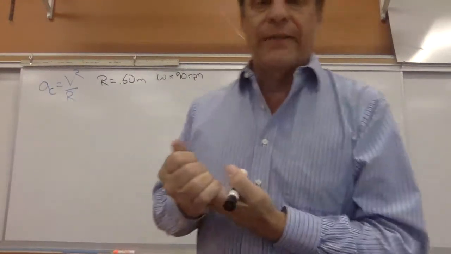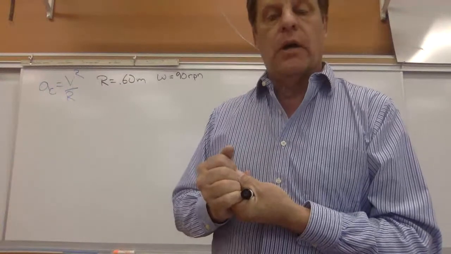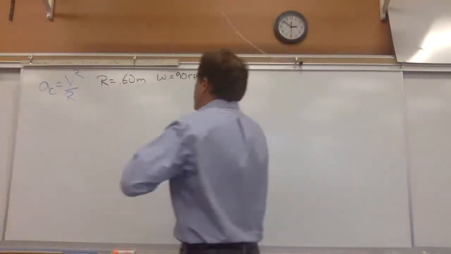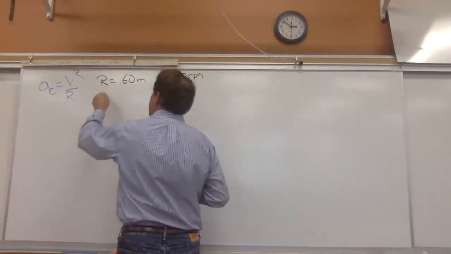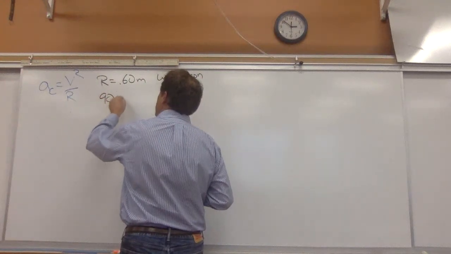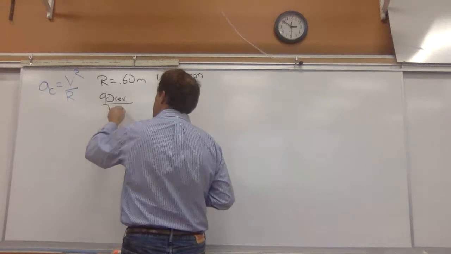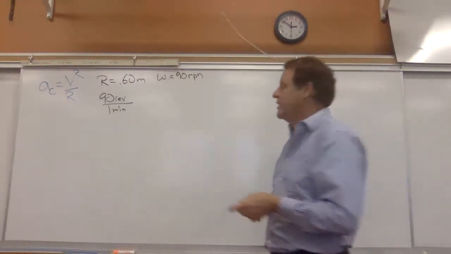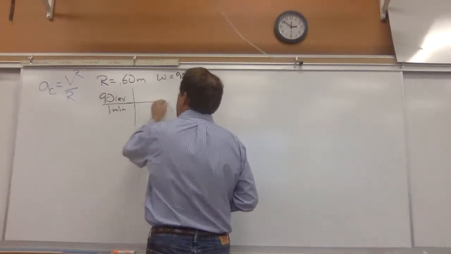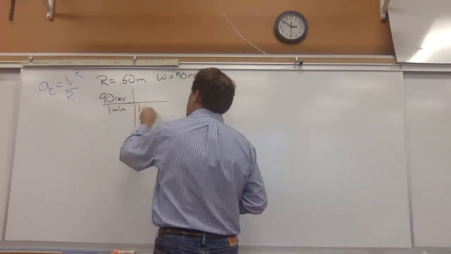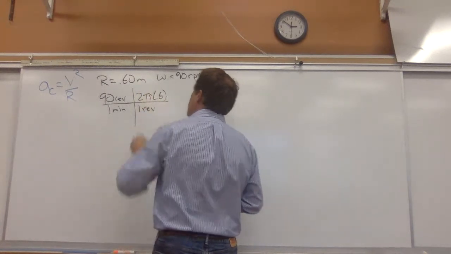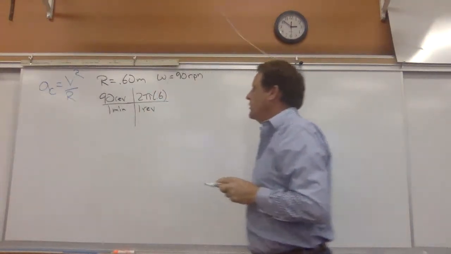So first of all, what is the velocity? And second of all, what is going to be our centripetal acceleration? If we have 90 revolutions in 1 minute, we are going to have a quick dimensional analysis. For every 1 revolution, you're going to have 2 pi r, and our radius is 0.6 meters.